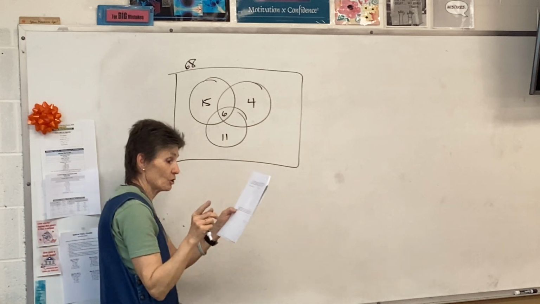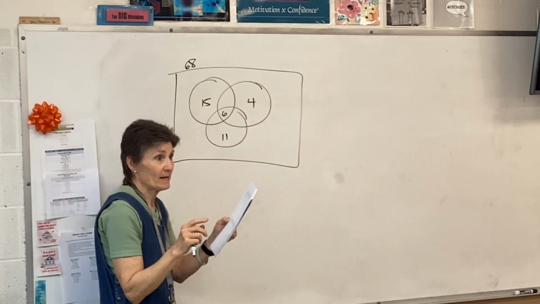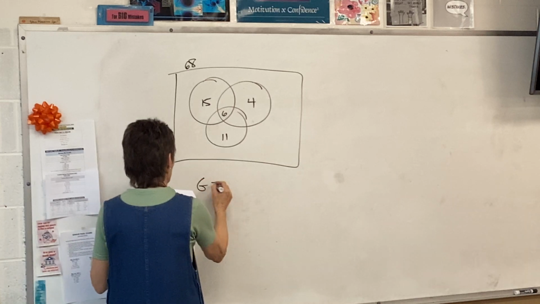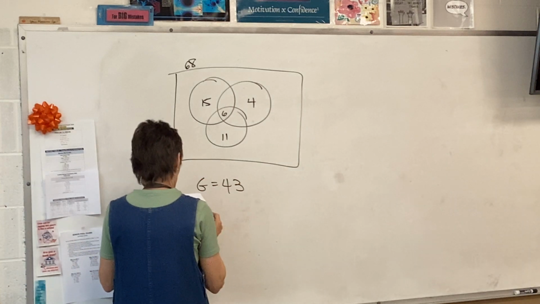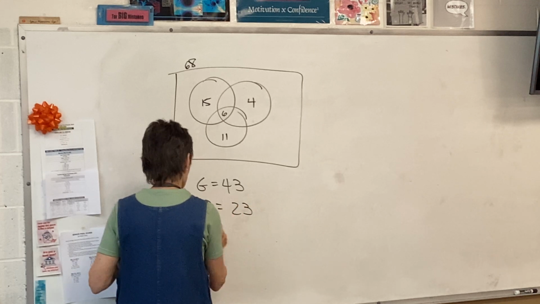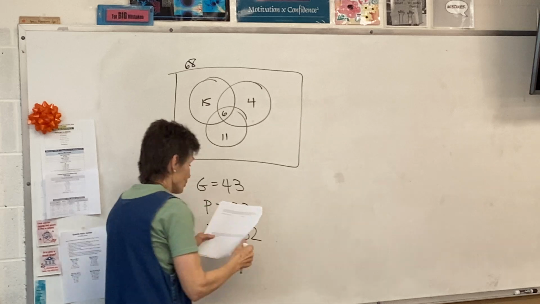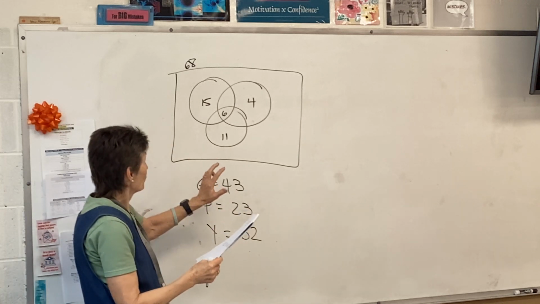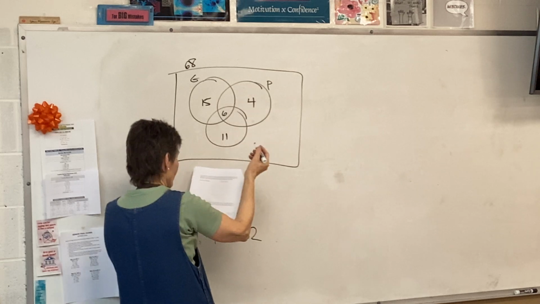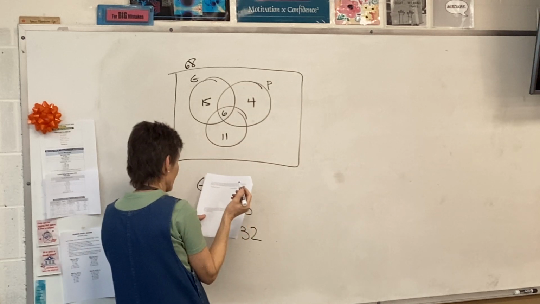Now, you may have finished it on your own, because you were motivated, but this is as far as we got. Green was 43, purple was 23, and yellow was 32. So all this was from the problem itself. We hadn't done any math.